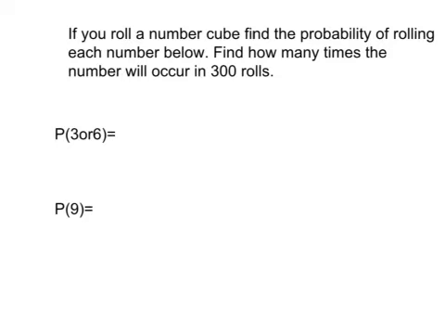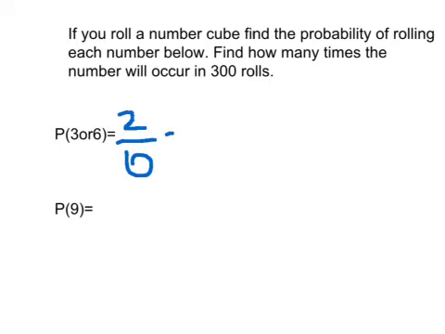If you roll a number cube, find the probability of rolling each number below. Find how many times the number will occur in 300 rolls. So, the probability of rolling a 3 or a 6. First, you'd find out how many times 3 and 6 will occur on a number cube, which is 2. So you would do 2 over 6.